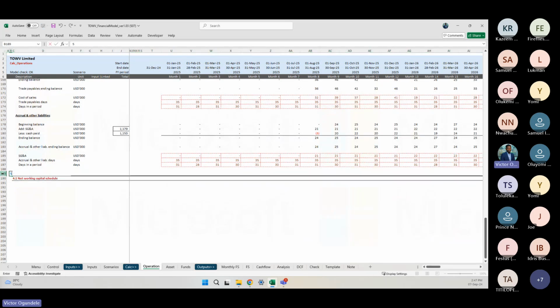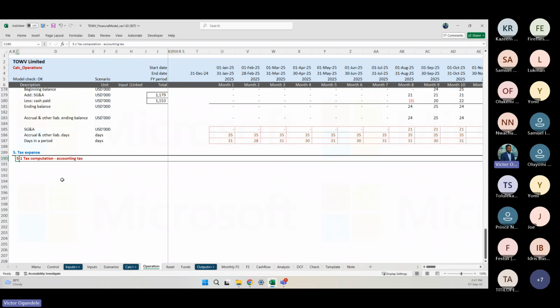So 5, I'm going to call this tax expense. So 5.1 tax computation. So let's just use accounting tax. Right? So the first thing is you need your profit before tax. All right. So this will be monthly.